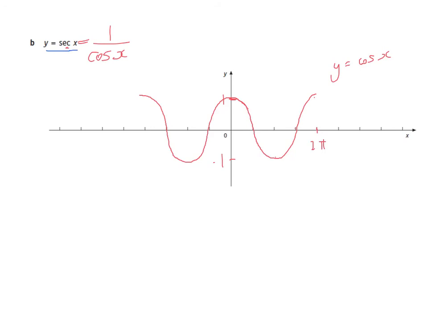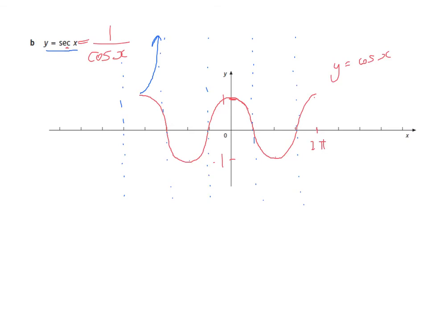So we're taking the reciprocal. Remember, everywhere where cos x equals 0, we can't have 1 divided by 0, so there's going to be an asymptote there. The reciprocal of 1 is 1. 1 divided by a very small number is a very big number.